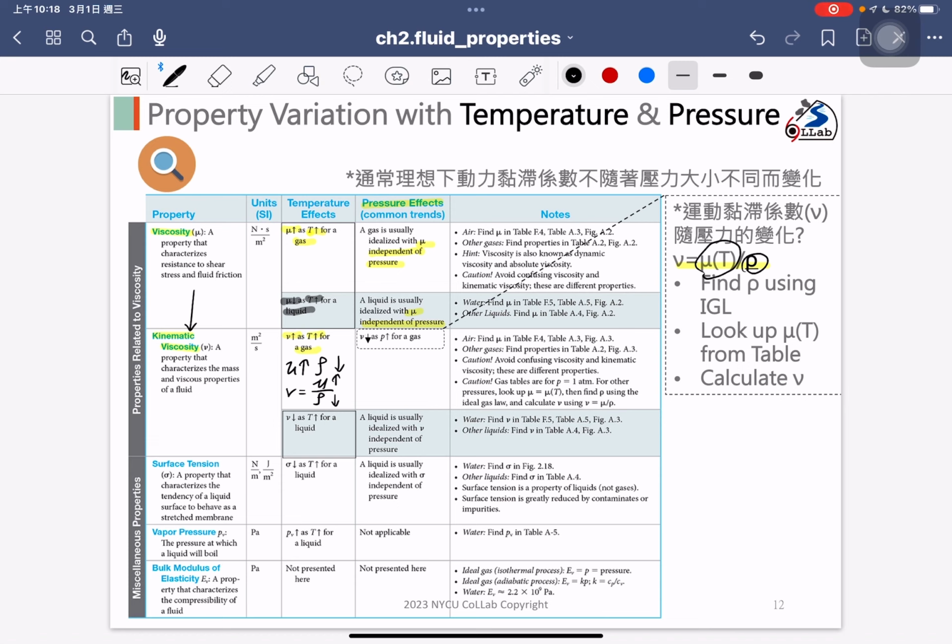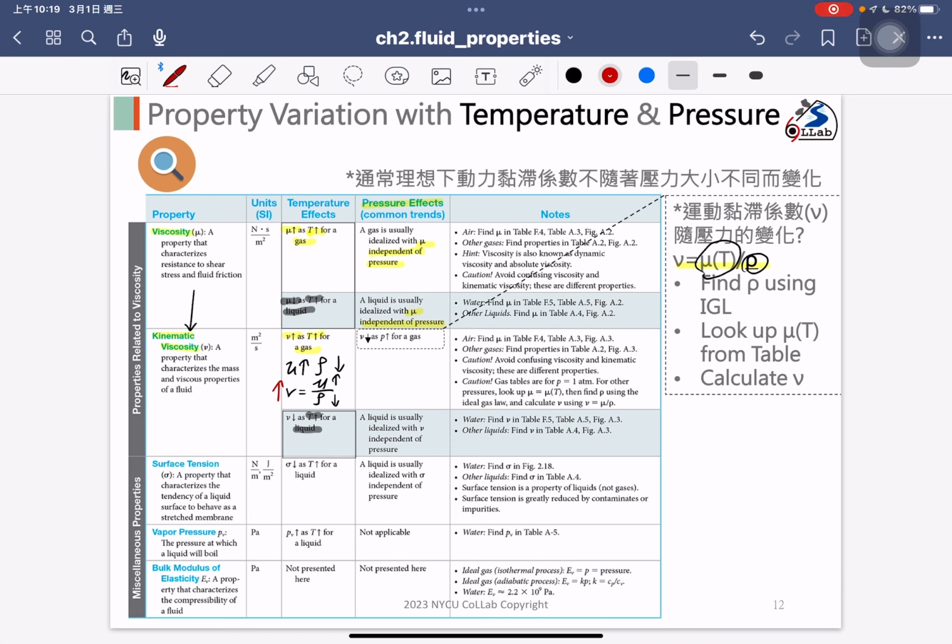So that's the reason why the kinematic viscosity will increase also. Okay, so that makes sense. And when we discuss the temperature here, it increases also, but right now we are looking at the liquid material.